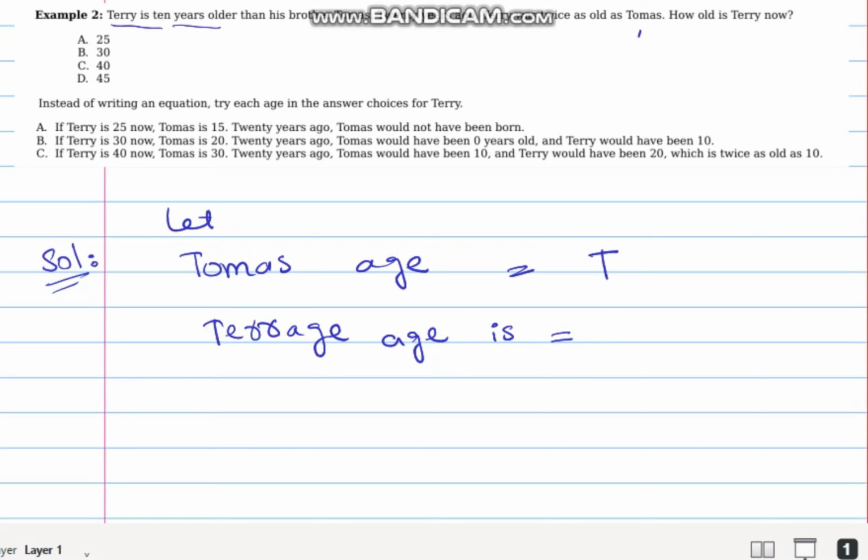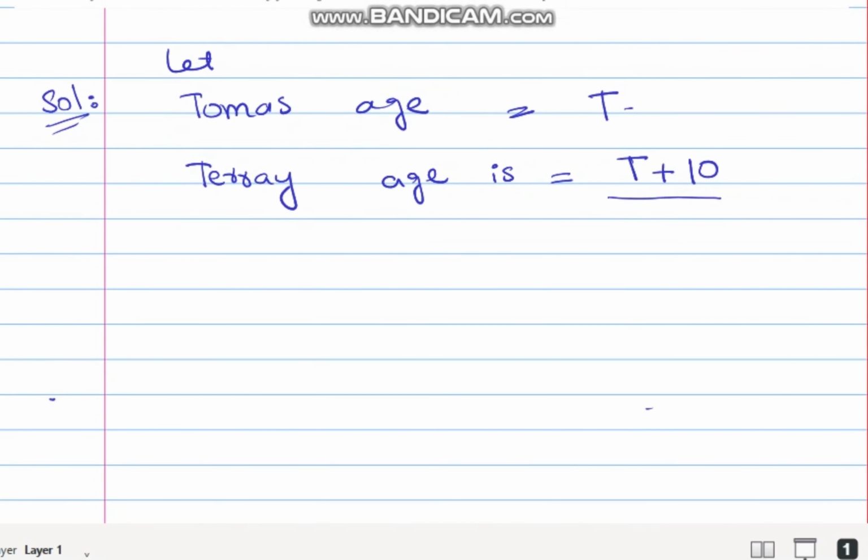It means the age of Terry will be 10 greater than capital T. The age of Terry will be 10 years greater than Thomas. This is the age of Thomas, and this is the age of Terry.